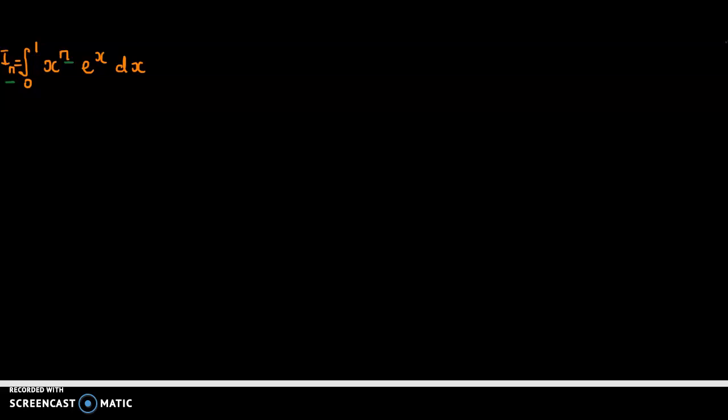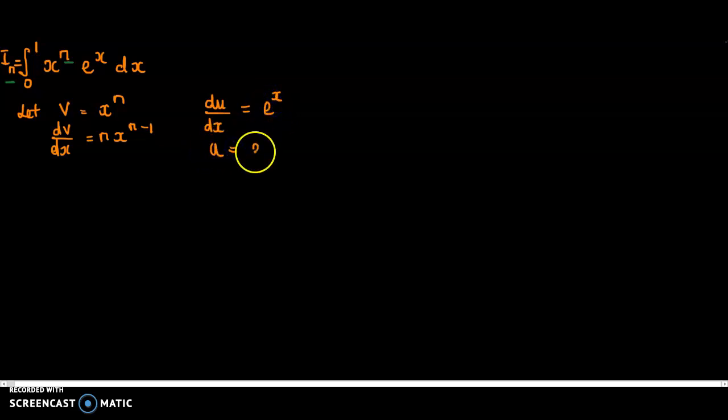So we're going to use integration by parts here to work out this question. We're going to let u equal to x to the n, so du dx is going to be n x to the n minus 1. And our dv dx is equal to e to the x, so v is going to be equal to e to the x.